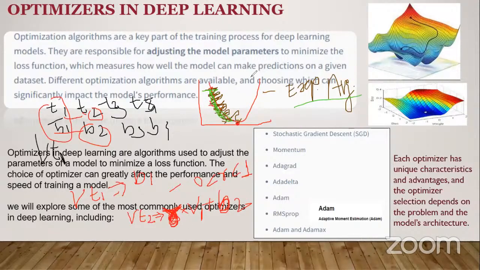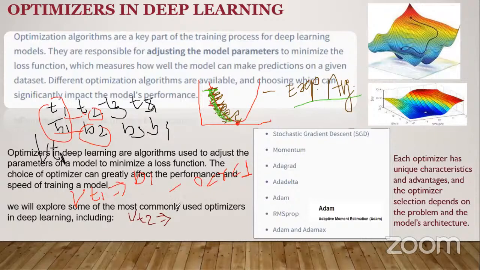So let's draw this again with better color. When I calculate V1, I can directly say it's the value at point T, VT1, so it is directly B1. But when I consider time 2, it should be the combined effect of the previous time and the value at that time, right?